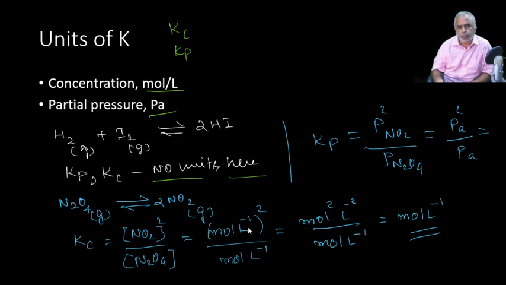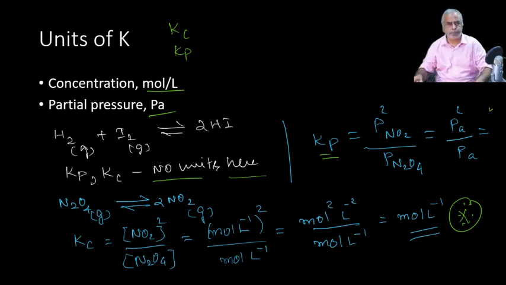So here mole per liter whole square divided by mole per liter, whereas mole squared liter power minus 2 divided by mole per liter. So you get only mole per liter. So it means based on the equilibrium it changes. And similarly for the partial pressure, it gives only partial pressure. Okay? Right.